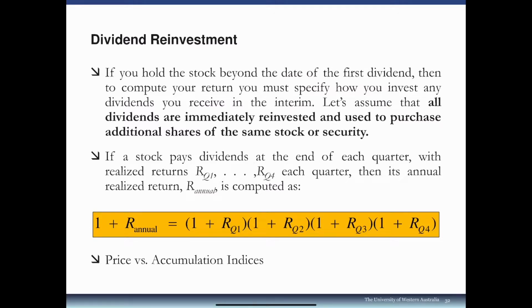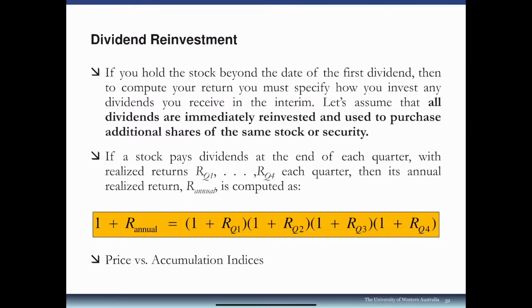This is really just for calculation purposes. We're not assuming everyone's doing it, but it makes our life easier to calculate return. So if you get paid stock dividends, we assume all dividends are immediately reinvested and used to purchase additional shares of the same stock.